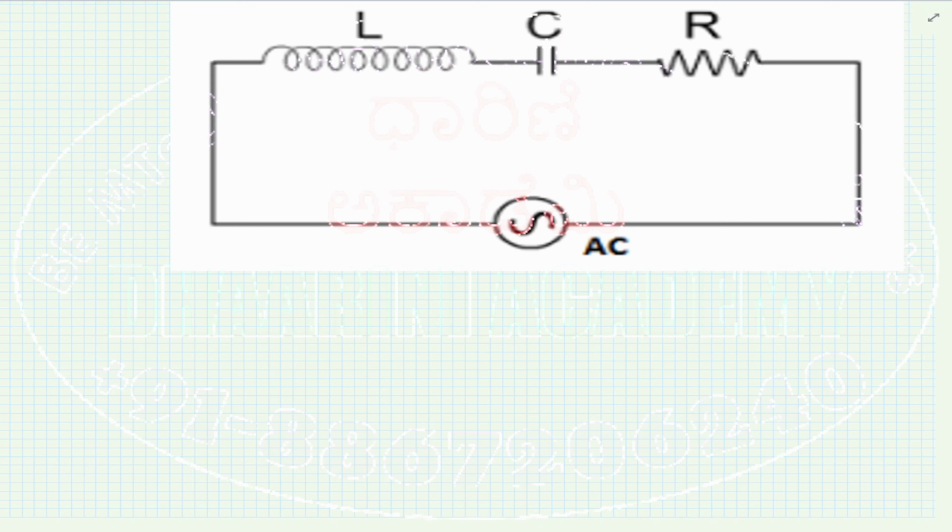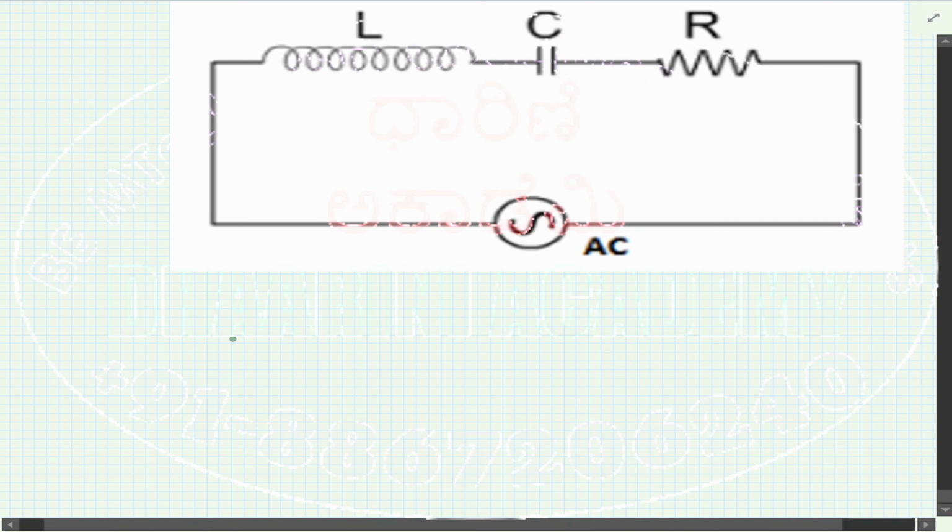So instead of force we have an external power supply. First let's write this, then we'll see how the oscillations happen, and we can write even the equations for this.